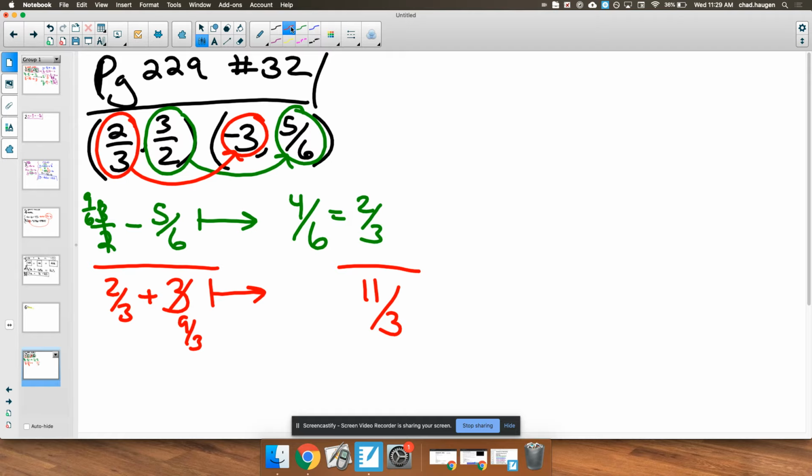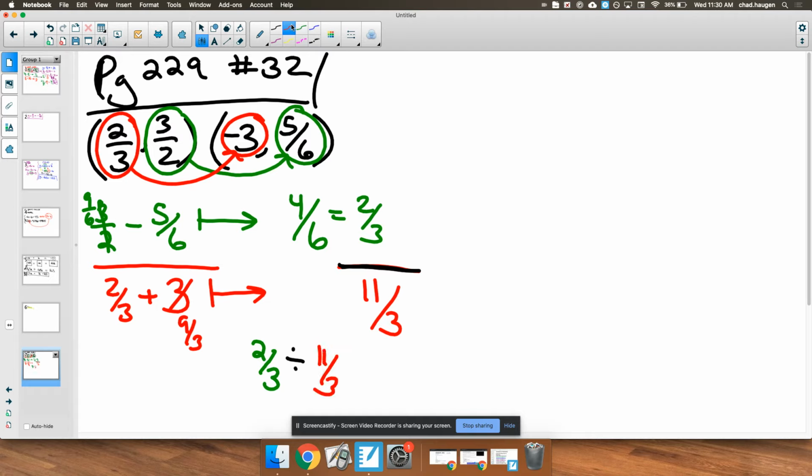And now it might look a little bit weird because we're like, oh man, we got fractions on top of fractions. But we won't freak out, because all that means is the fraction bar here just means to divide. So if I want to rewrite this, this is really 2/3 divided by 11/3, right? It's not too bad.